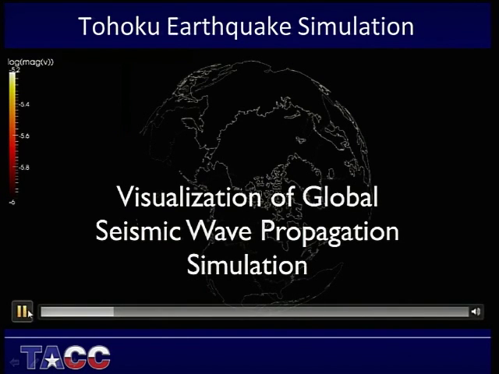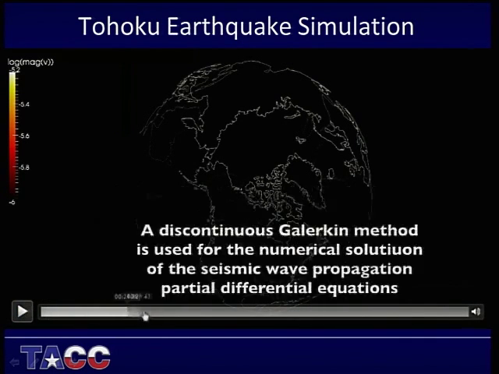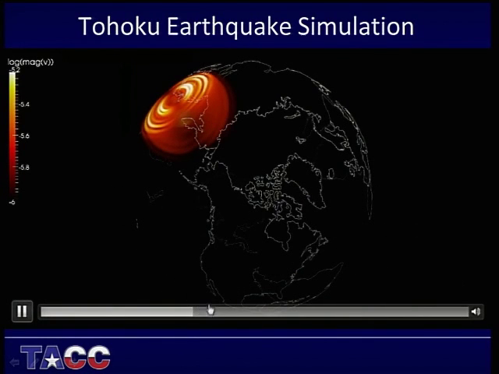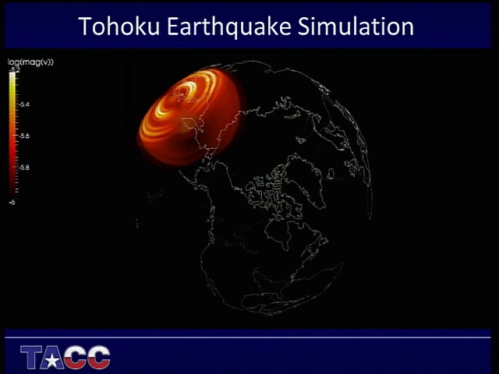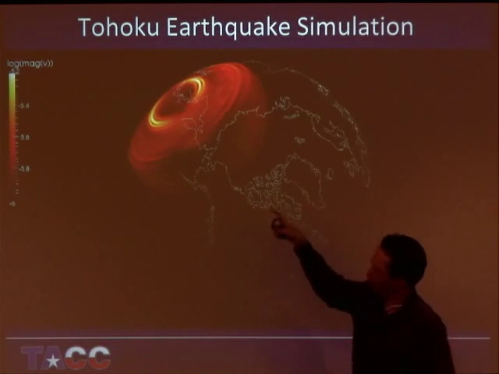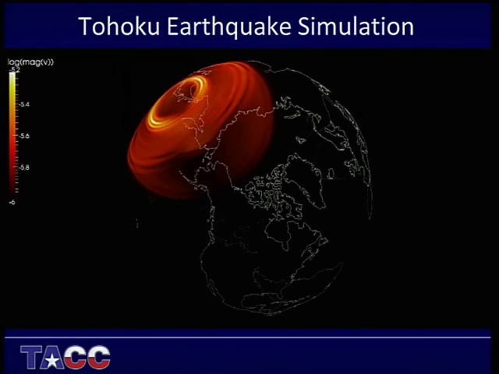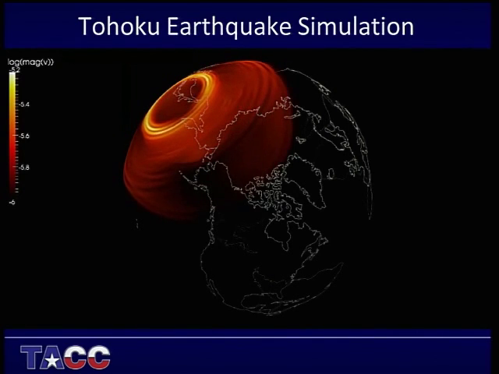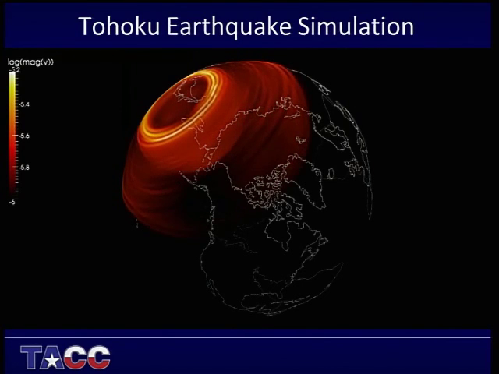Looks like the screen froze. I think the system's having a little problem with it. The video should be smoother, but what you'll see is that as the earthquake waves radiate out, watch in that center, the waves actually hit the core of the Earth and reflect back up.